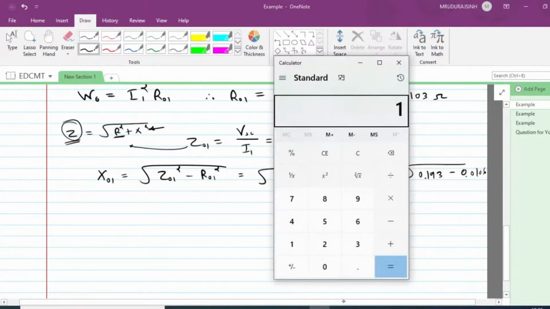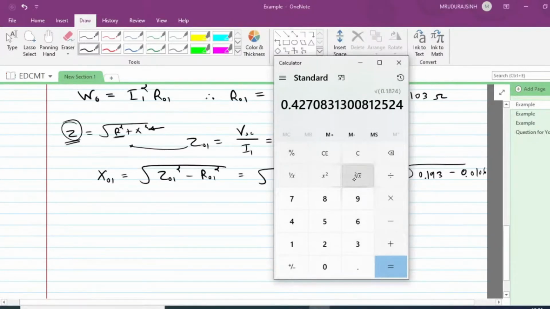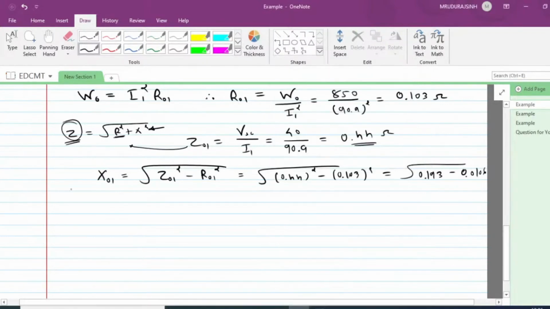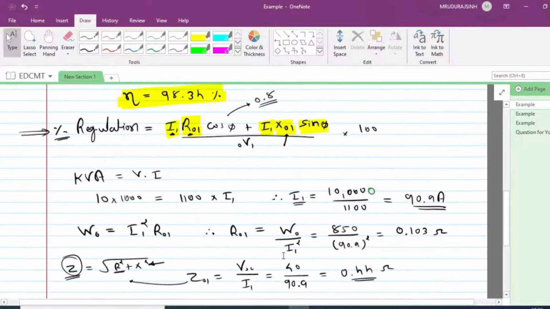So 0.193 minus 0.0106 gives us 0.1824, and under root of this is 0.427. So X01 is 0.427 ohm.